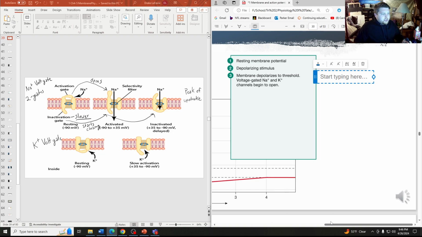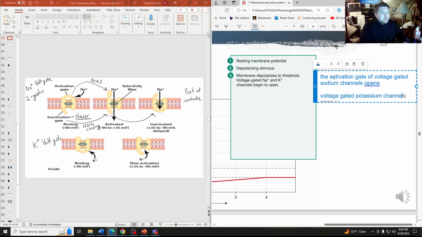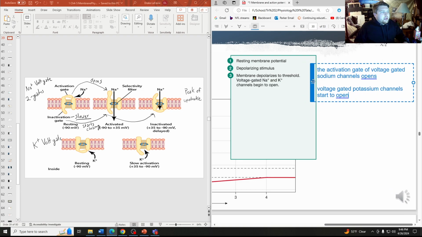So at point 3, we're going to go very, very specific. We have the activation gate of voltage-gated sodium channels opens. Then we also have voltage-gated potassium channels start to open. Okay, both of these are occurring right here.